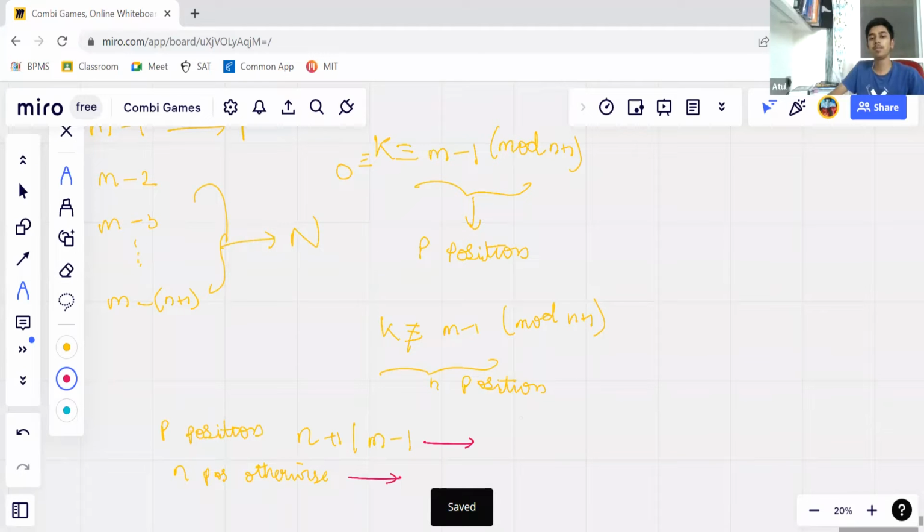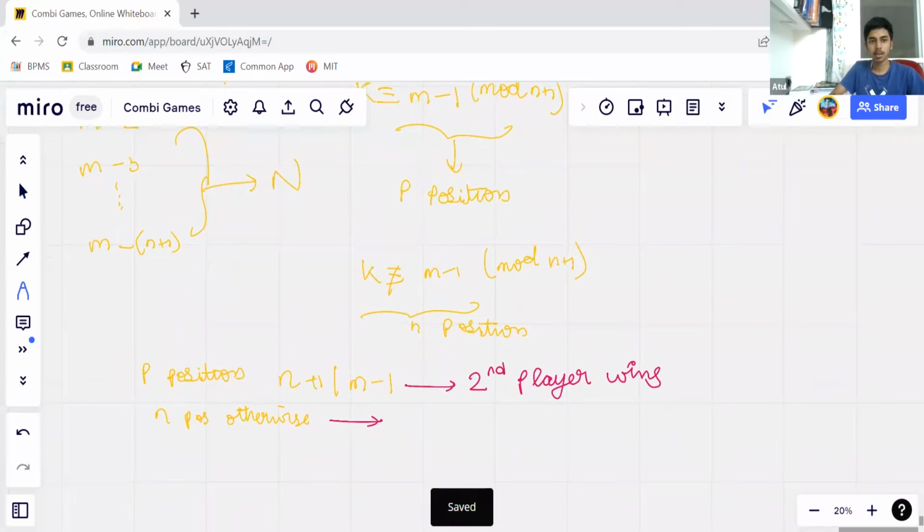So a P position means that the player who just played, which is the second player, wins, because the game hasn't started yet, and because it's the first player's turn, symbolically you can just assume that the second player just played. And an N position means that the next player who's going to play is the winner. So the first player.